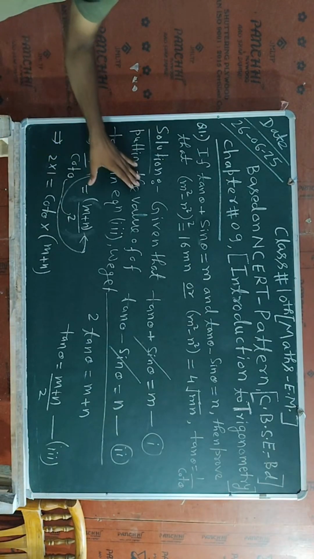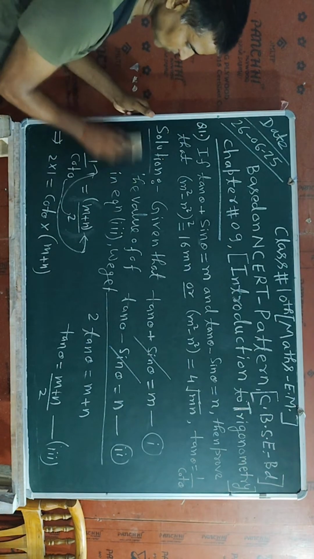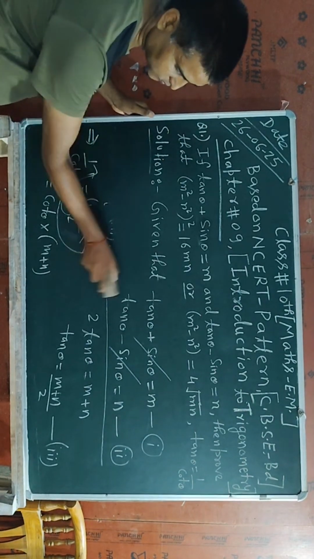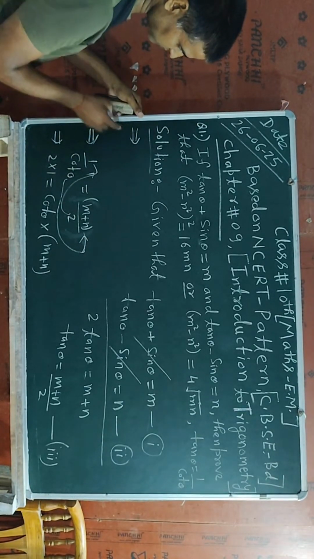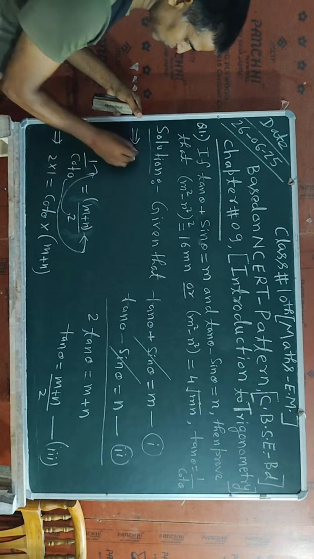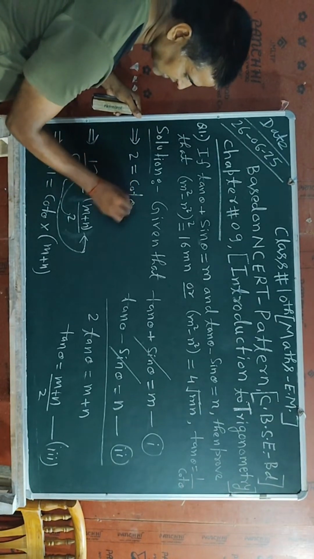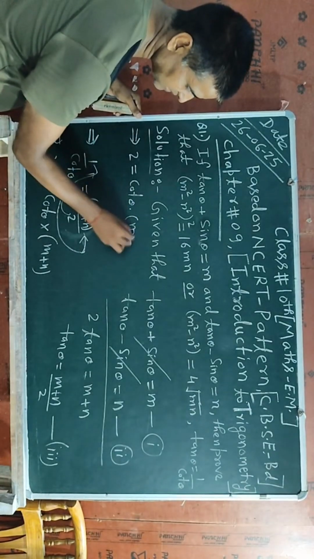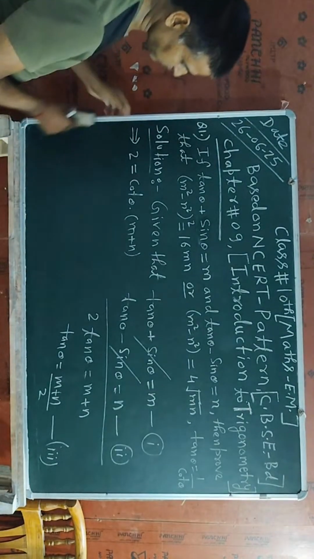Every piece of information I will erase for further calculation. Okay, students, so here I will erase this, and after erasing I will write that 2 into 1 will be 2, which is equal to cos theta into, in the bracket, m plus n. Now further I am going to simplify.